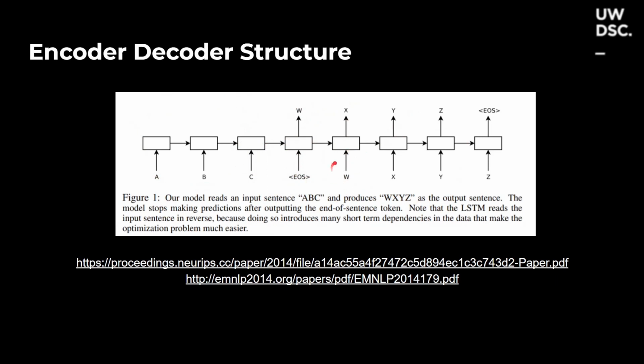You use the first word of the output, feed it in, get the context vector from before, and then you get the second output. There are two ways, or I guess there are more than two ways, that it can be trained, but there are two methods that people use to train encoder-decoder structures.